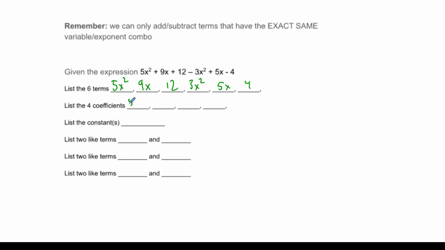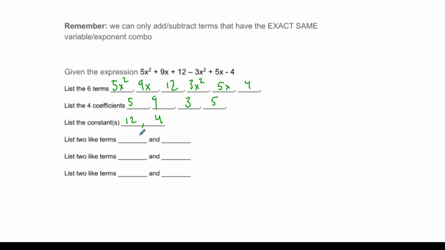So we have a 5, we have a 9. Is 12 a coefficient? No, because it's all by itself. It's a constant. Then 3 and 5 again, which leaves us with negative 4 down here, or 4, as our constant.